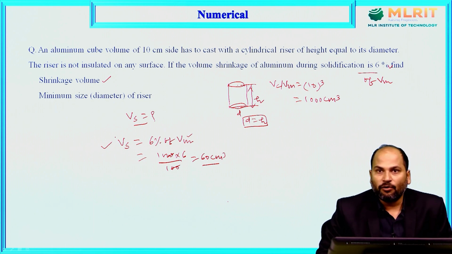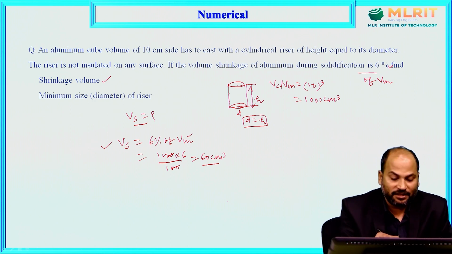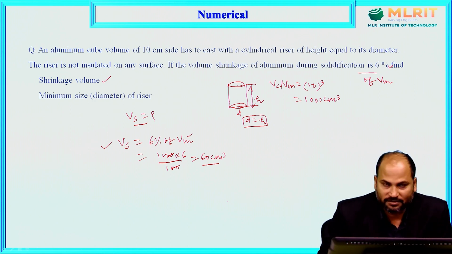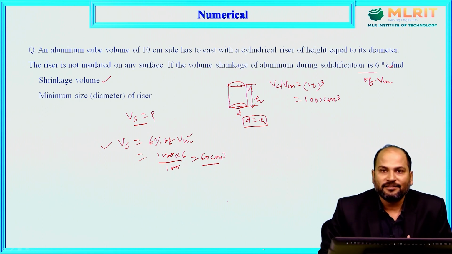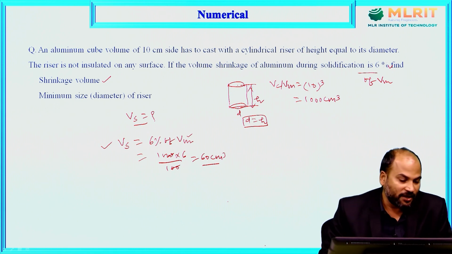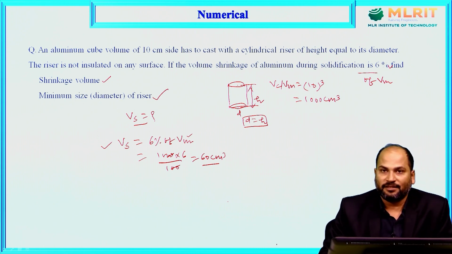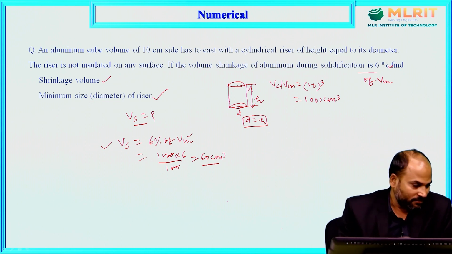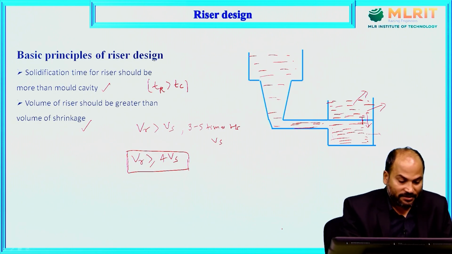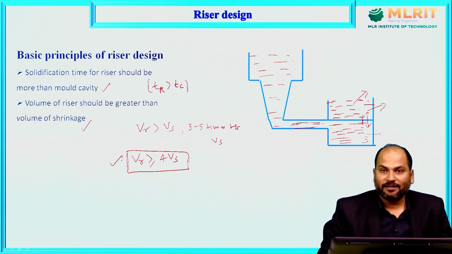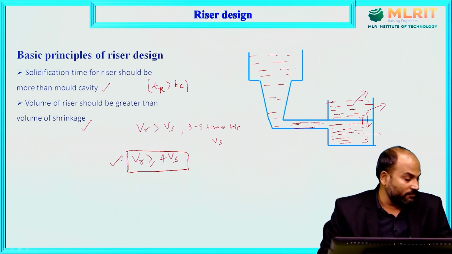This is the shrinkage volume in the cavity that we need to fill. So we will have to design this cylindrical riser, as given in the problem, which will fill this shrinkage volume. Now in the second part we have to find the minimum size of the riser in terms of diameter. What we saw in the previous slide is that the volume of the riser should be greater than or equal to approximately 4 times the volume of the shrinkage.